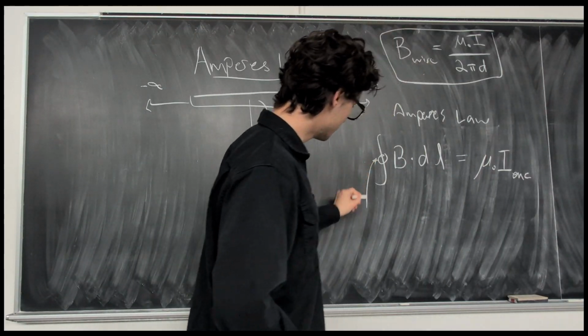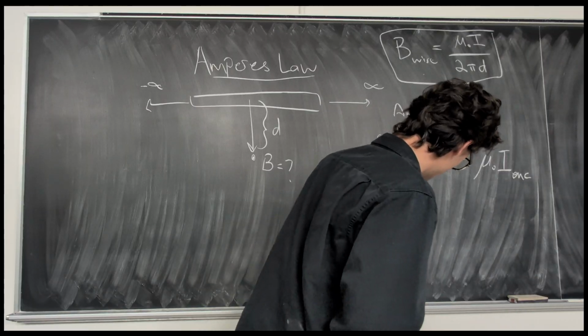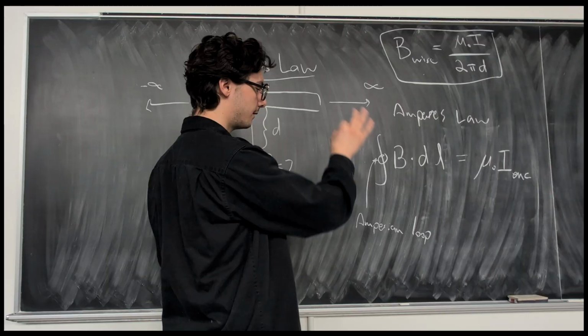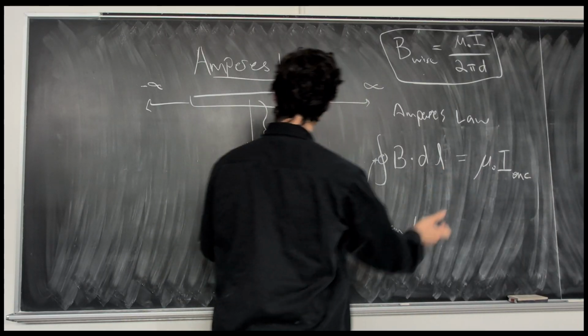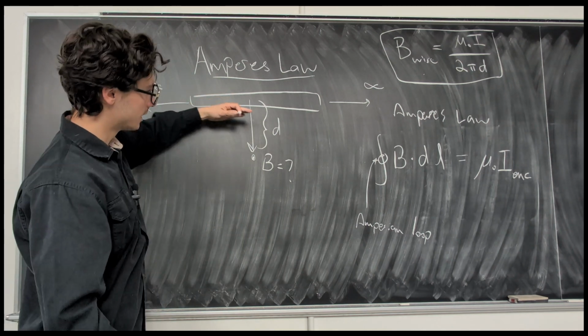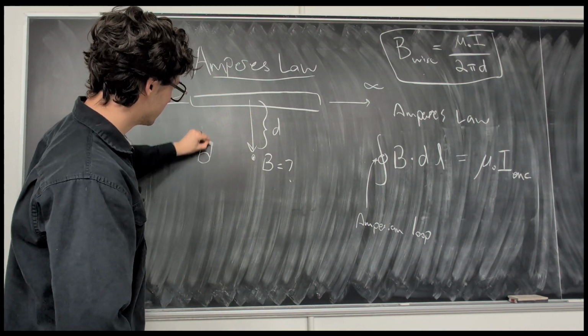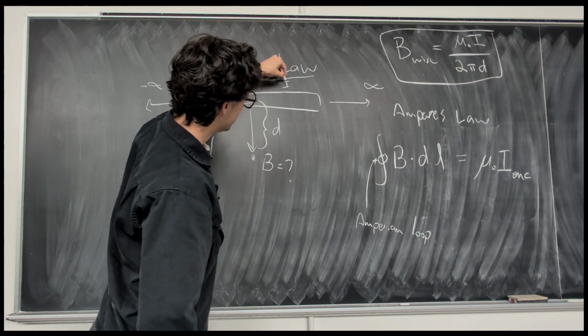This little circle is an Amperian loop. It is a two-dimensional object defined by a one-dimensional edge. This is the one-dimensional edge, dl. So if I have the wire here and I turn it to face you guys, I basically have a wire like this that goes on forever. I take a cross section and the current here is going this way.